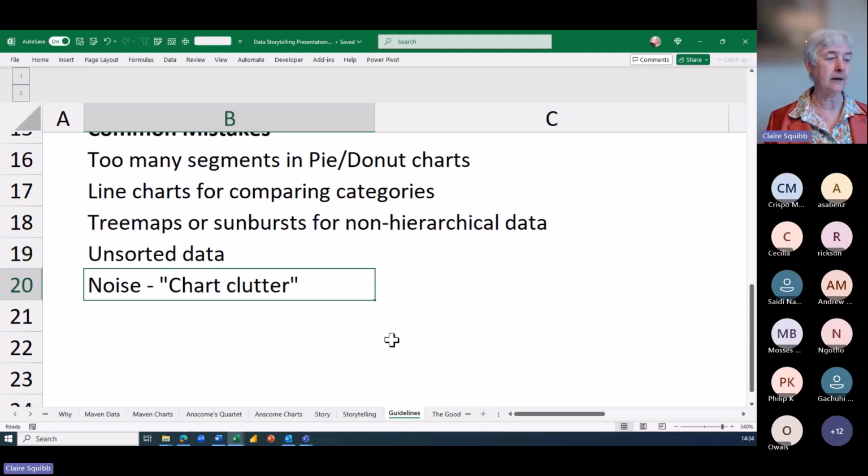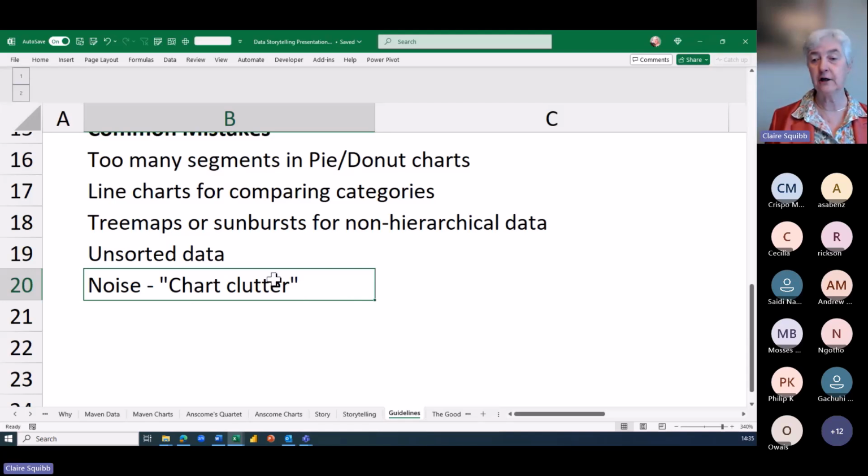And finally, and most importantly, get rid of noise. Get rid of chart clutter. Every element on a chart that you create is something that the user has to look at and work out what information it's bringing. So don't give them more information than they need.